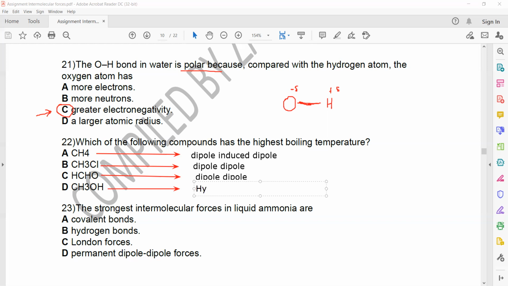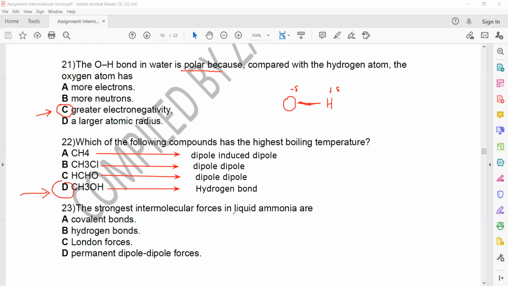So this will have hydrogen bonds. And hydrogen bonds are stronger compared to dipole forces, and dipole forces are stronger as compared to dipole-induced dipole forces with the same number of electrons. So D will be the right answer because it can form a hydrogen bond.